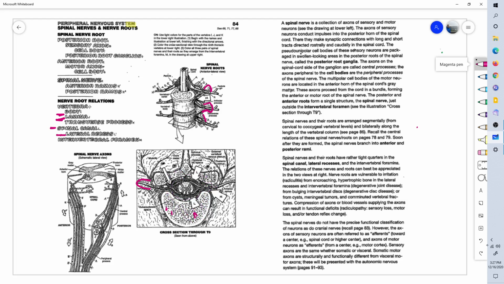More specifically, though, this area here is the intervertebral foramen. Foramen means a hole. And the lateral recess is more specifically this area right here to the side of the spinal cord. This is the lateral recess here. And this is the intervertebral foramen.